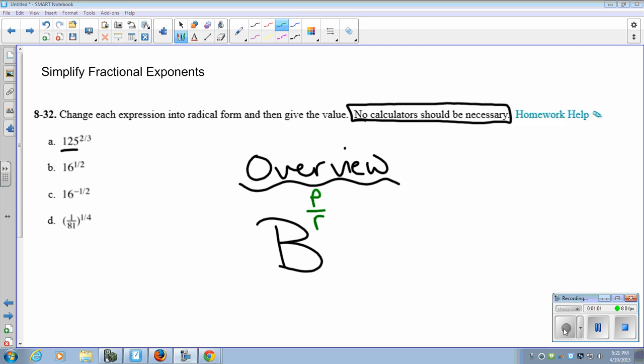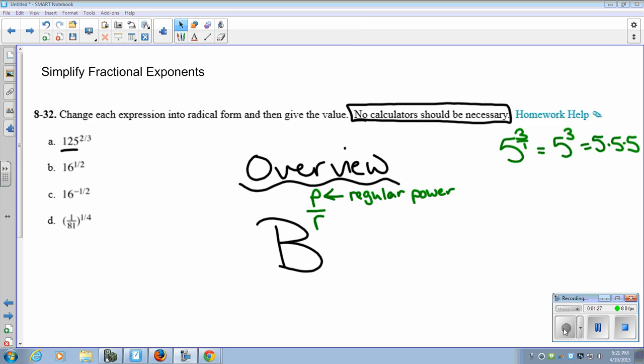So I'm using all variables. This number is just a regular power. So for example, 5 to the third could be thought of as 3 over 1. We won't write it that way because we never do, but that's just a regular old power. It means the same thing as what you're used to it meaning: 5 times itself 3 times.